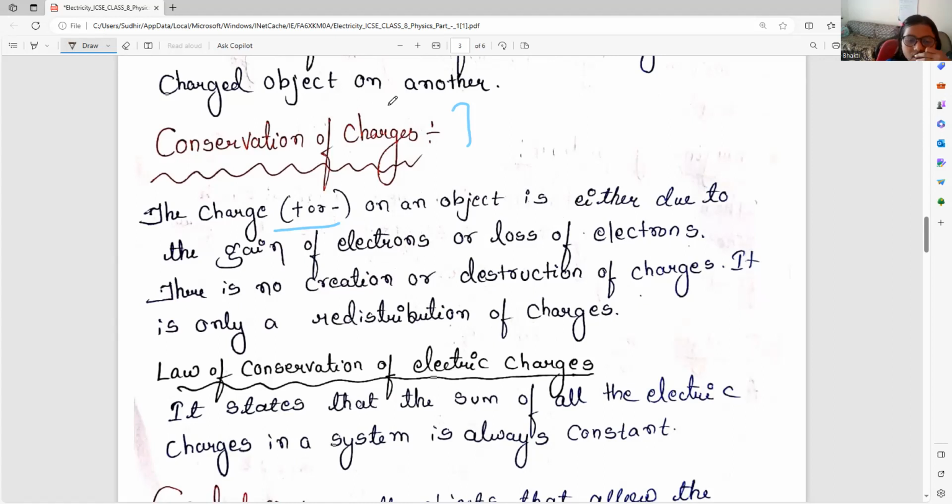If it is a good conductor, then it will gain or lose electrons. But if it is an insulator, then it will neither lose nor gain. It will remain as it is. So there is no creation or destruction of charges. It is only a redistribution of charges.